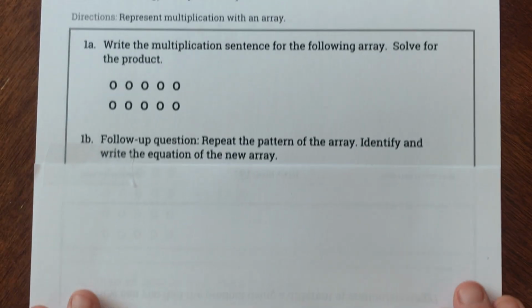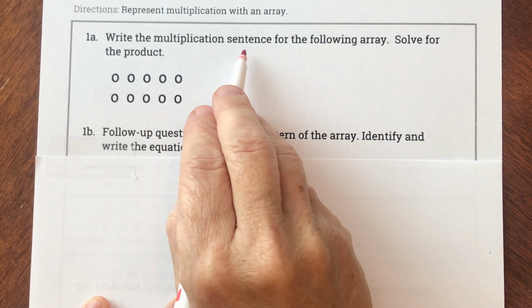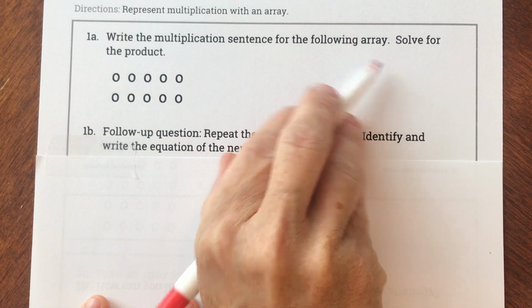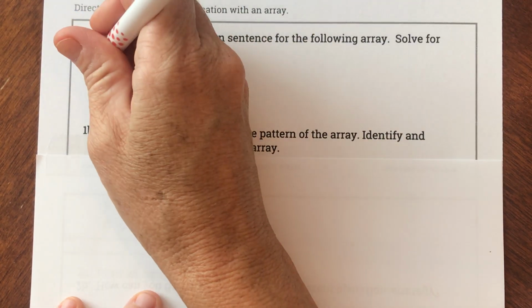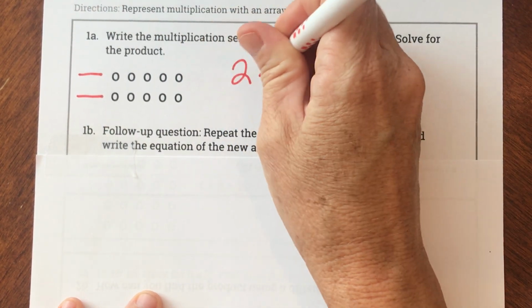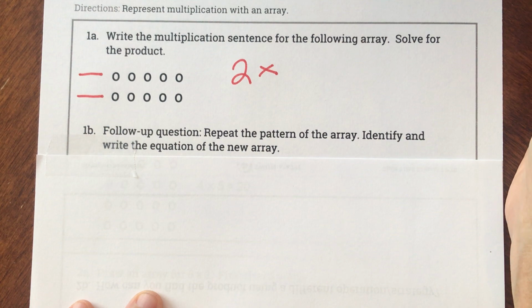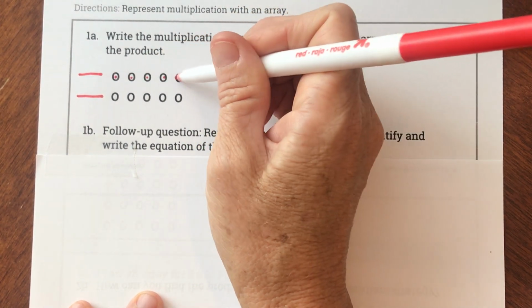Here is my first problem. It says 1A, so this is a two-part problem. It says write the multiplication sentence for the following array. Solve for the product. Okay, so how many rows do I have? I have 2 rows. That's my first factor. And how many are in each row? 1, 2, 3, 4, 5.